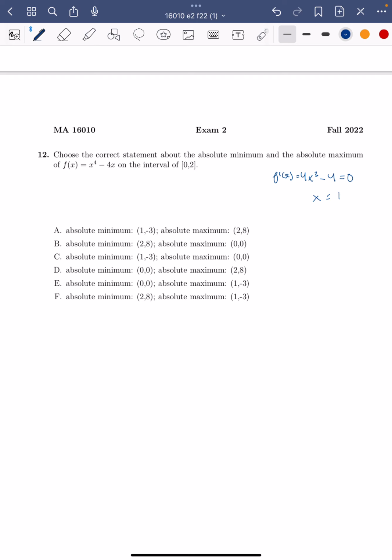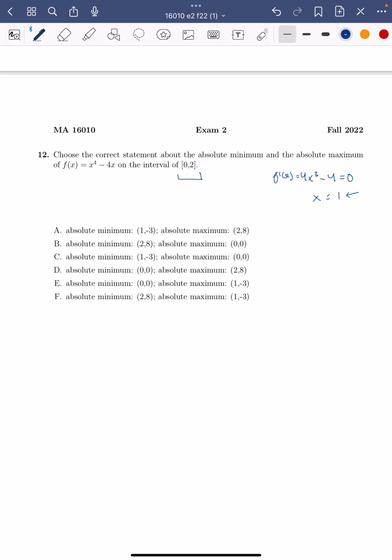Okay. Now, we know that this is a critical number, but because this is on a closed interval, we also need to check the ends of the interval to make sure that those are not the minimum or maximum, because it's not obvious with the first derivative test.